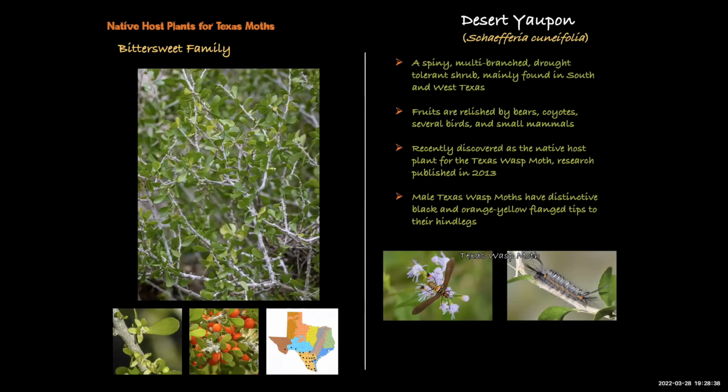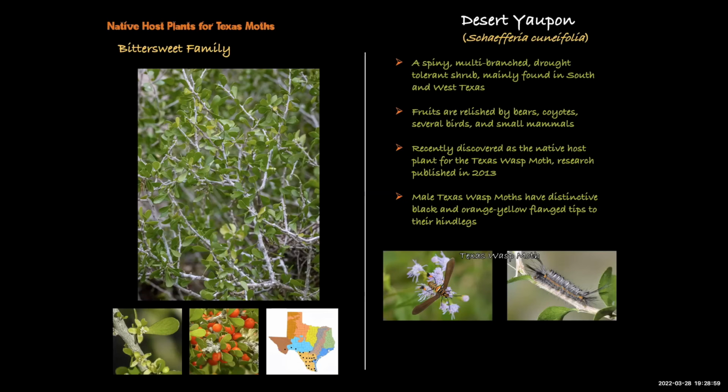Desert Yopon. Desert Yopon is a kind of a spiny version of our regular Yopon. It's multi-branched, drought tolerant. It doesn't naturally occur up in Austin anyway, specifically, maybe as far north as San Antonio, mainly found in South and West Texas.